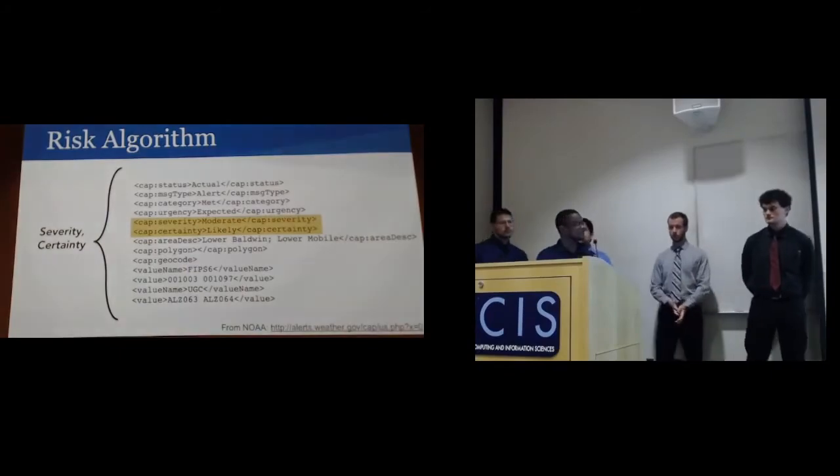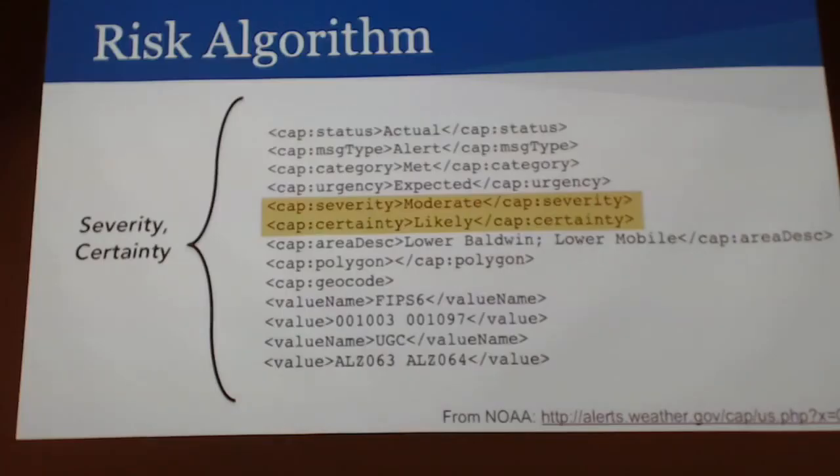With severity and certainty highlighted here, severity is how bad the weather is, certainty is how likely it is to happen. And with those specific things, we associate numbers. So something that is a higher severity will have a higher number, say 1. It's a number between 0 and 1. And something that's lower severity would have something like 0.5. The same is for the certainty.